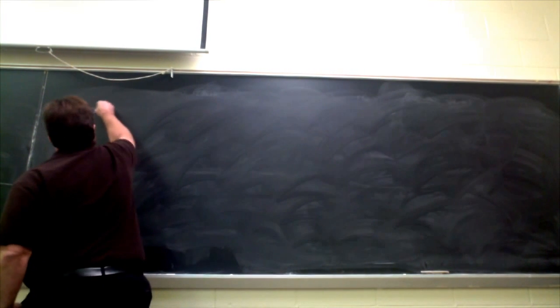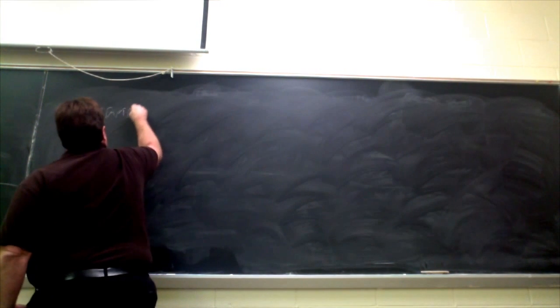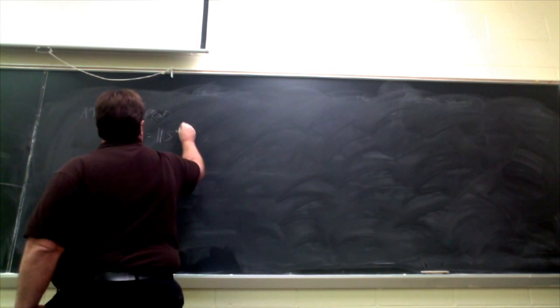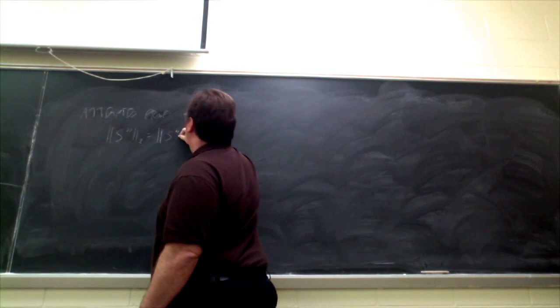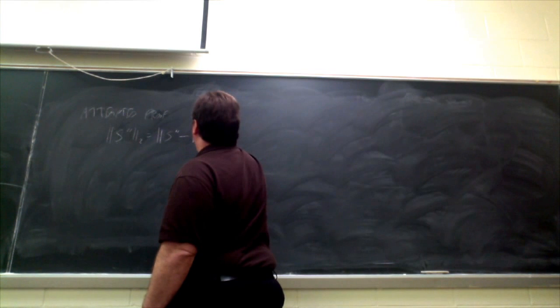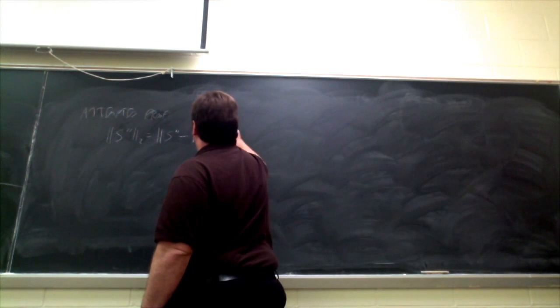Okay. So, attempted proof. If I take a similar approach, that would mean I'd be looking at the 2 norm of S double prime, which would be equal to S double prime minus V double prime plus V double prime.